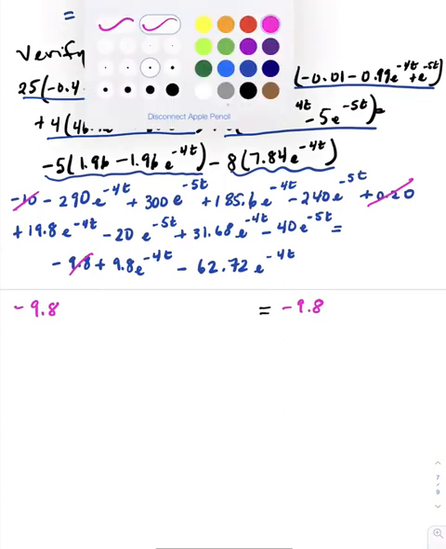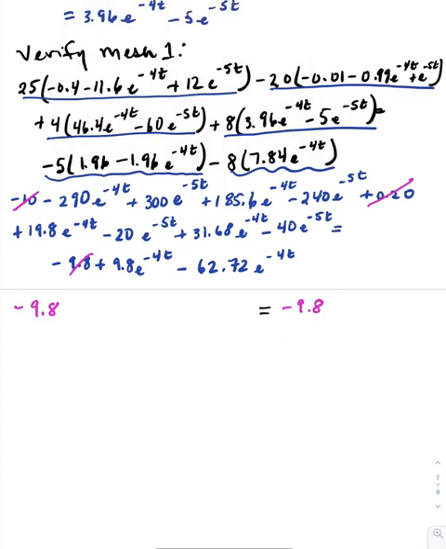and now let's find everything that's e to the minus 4t. So this is minus 290 plus 185.6 plus 19.8 plus 31.68, and that should give us minus 52.92 e to the minus 4t.